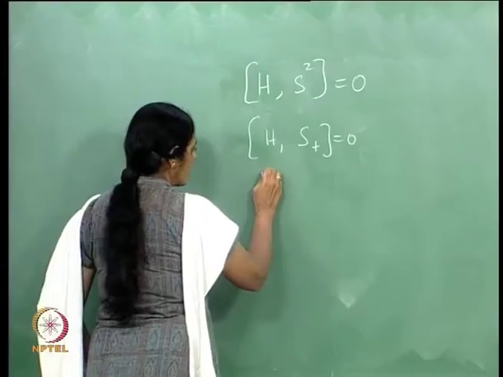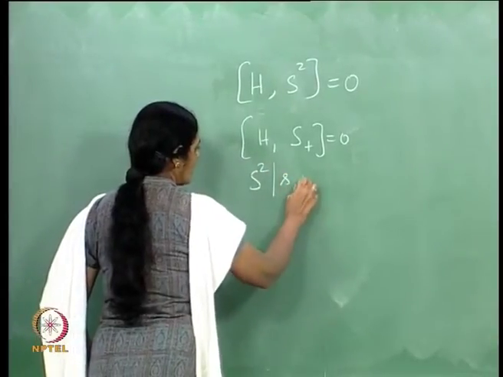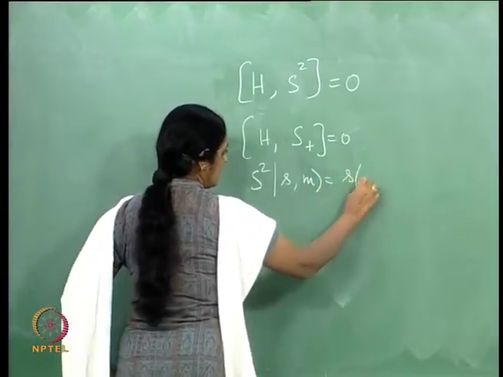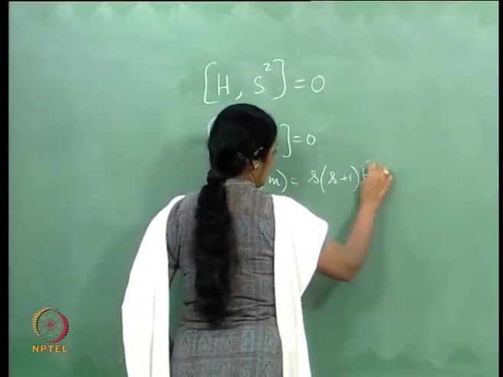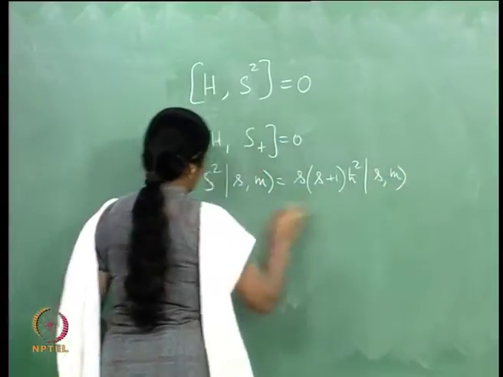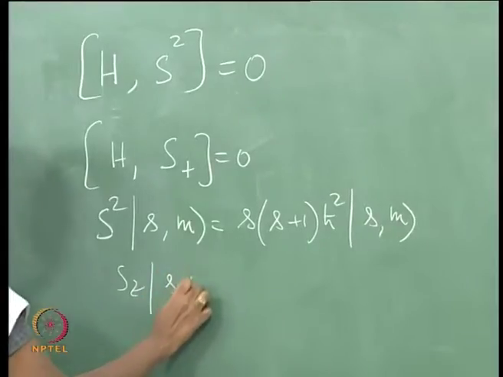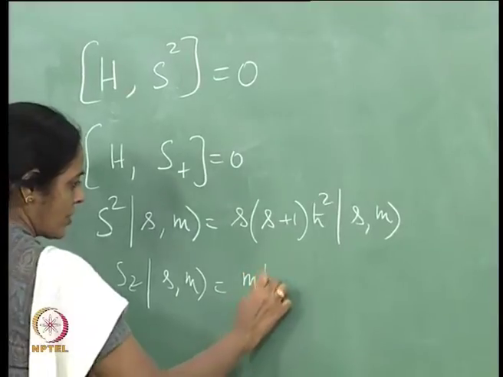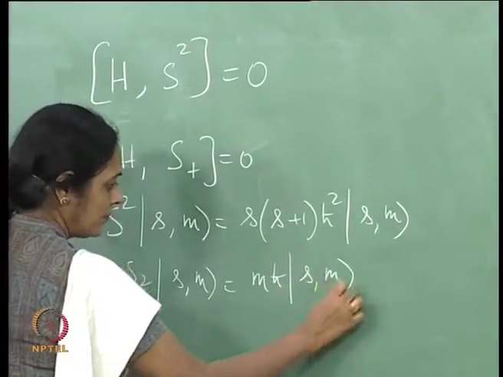The spin eigenstates are denoted by ket s, m. Of course, Sz acting on ket s, m is m h cross ket s, comma m. These are the spin labels.